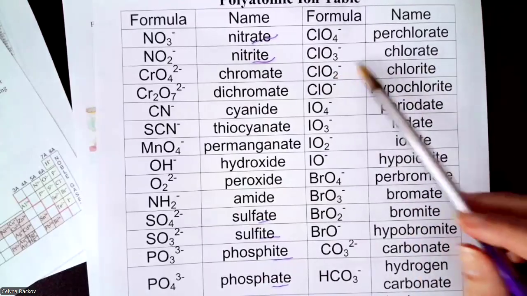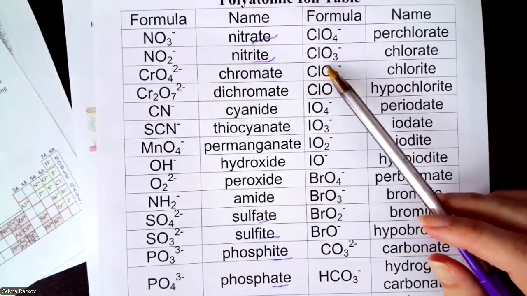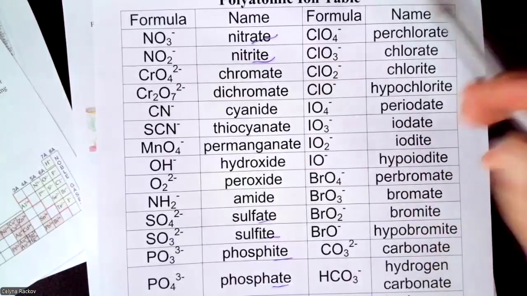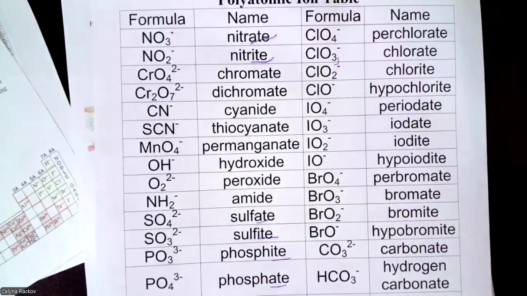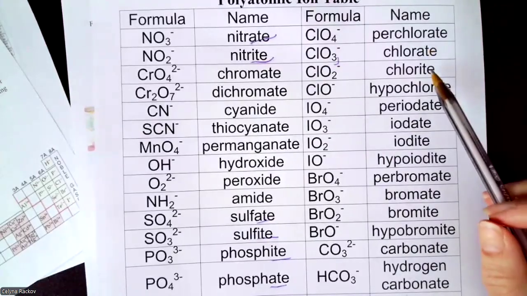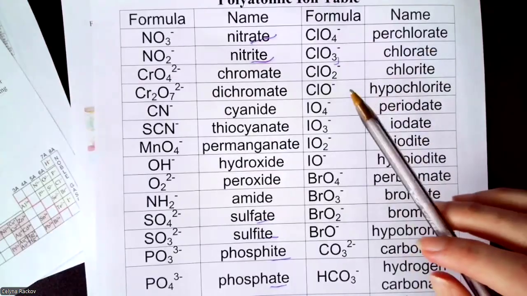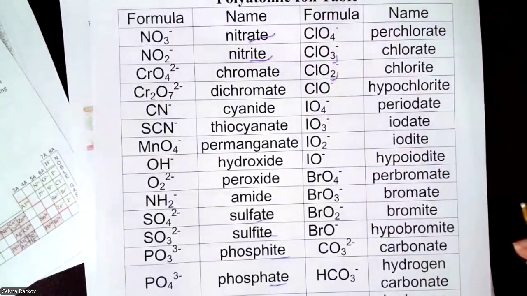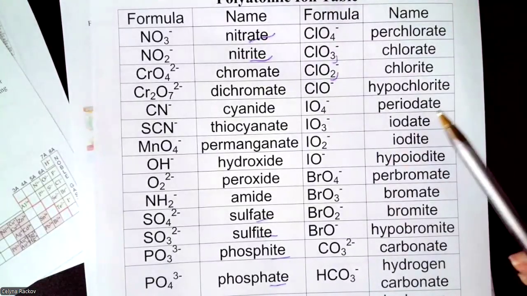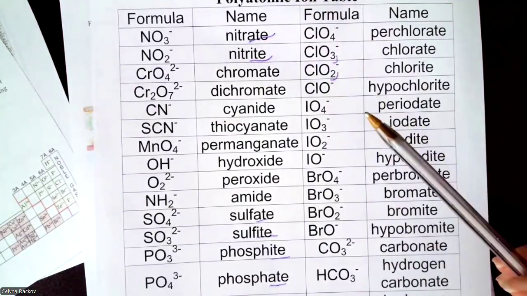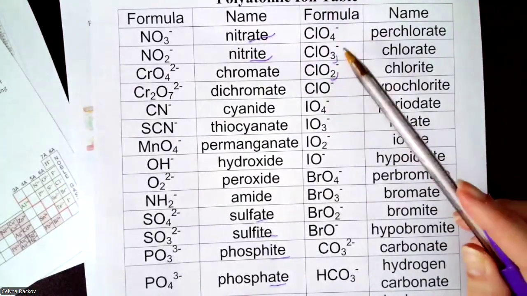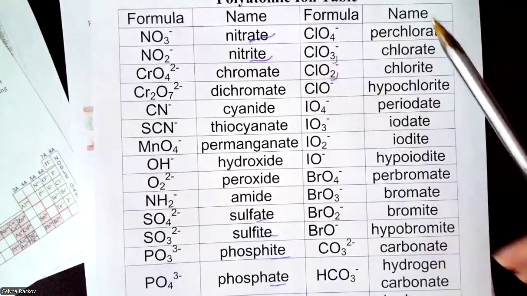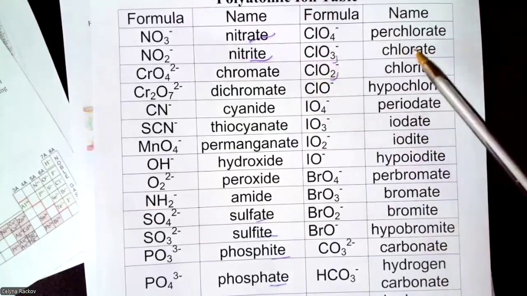How do you know? Because if you learn the -ates, for example here, chlorate is ClO3 minus. So chlorate has 3 oxygens. When you change it from chlorate to chlorite, it means you have now 1 oxygen less. So chlorite has 2 oxygens, right? But if you have another oxygen removed, so here, initially was ClO3 minus chlorate, ClO2 minus chlorite.